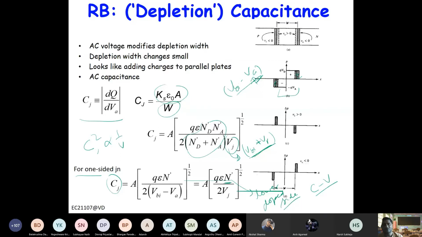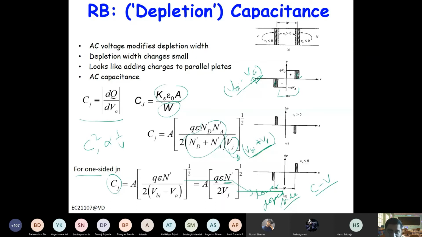Did you notice even for avalanche breakdown, the breakdown voltage was dependent on the doping of the lower doped side, and it was inversely proportional. Here it is directly proportional to the square root of the doping on the lower doped side, right?